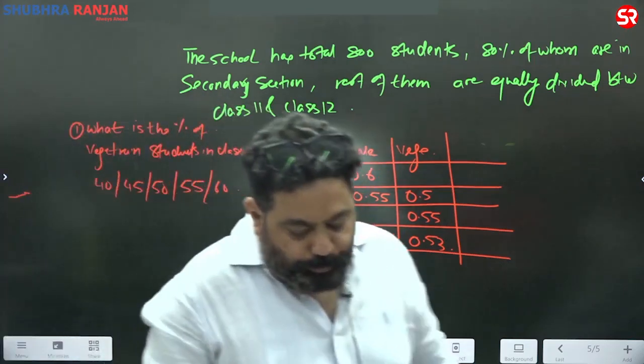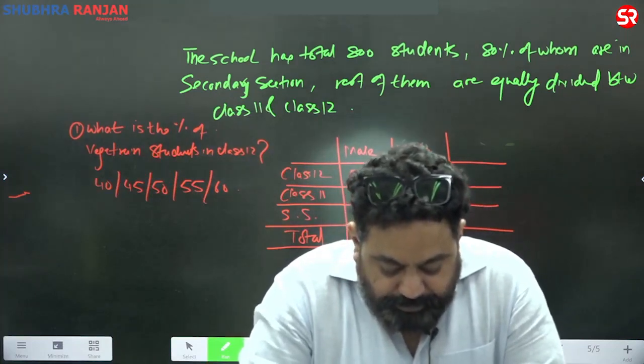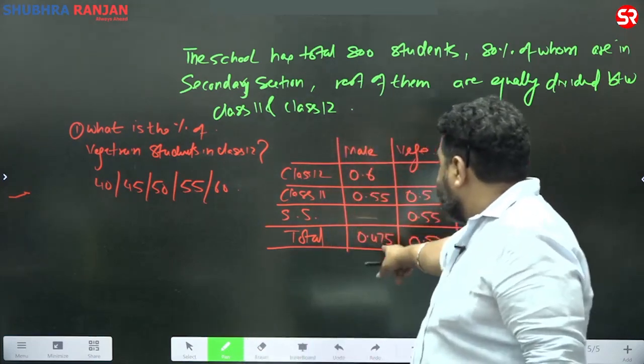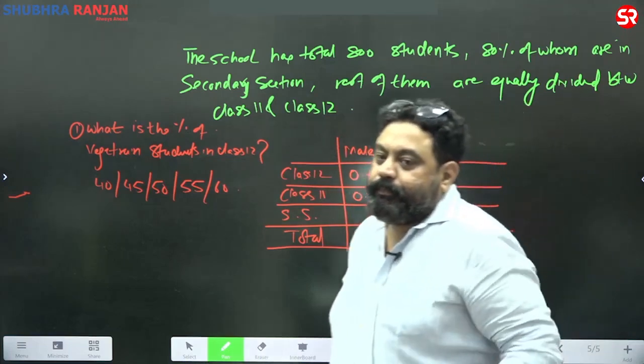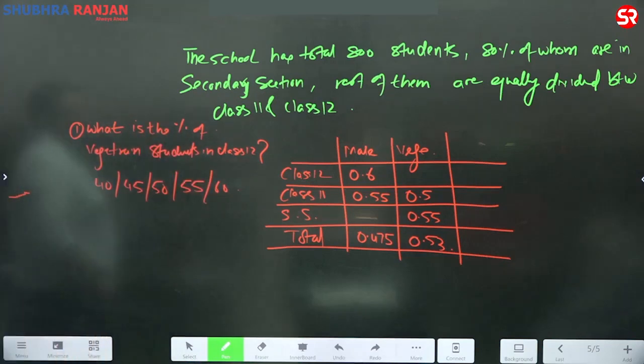First line is the proportion of male students and the proportion of vegetarian students in a school are given below. So whatever is here is a proportion. Take a good time and solve it.